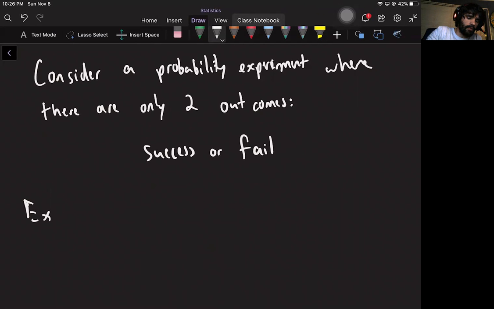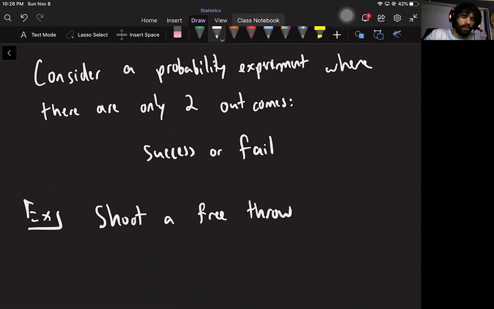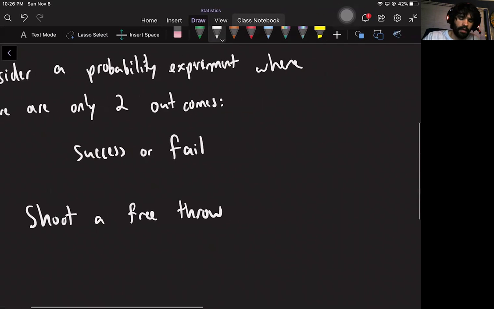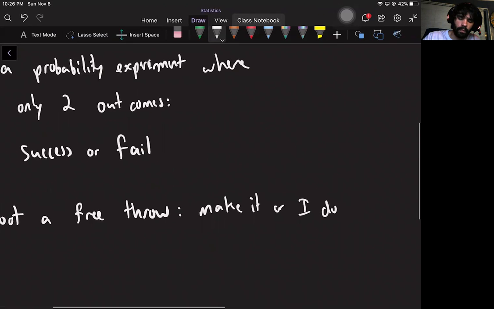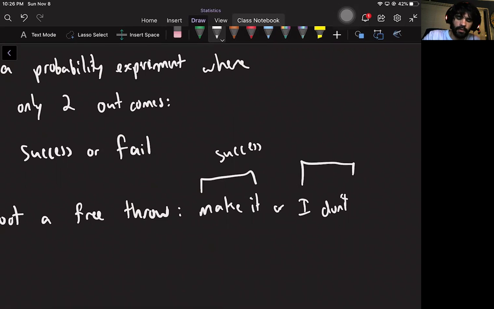So for example, I could shoot a free throw. So then I either make it or I don't. So there are only two outcomes. And so making it, typically you would call that the success, unless you want to be really strange for some reason, and missing it you would call the fail.